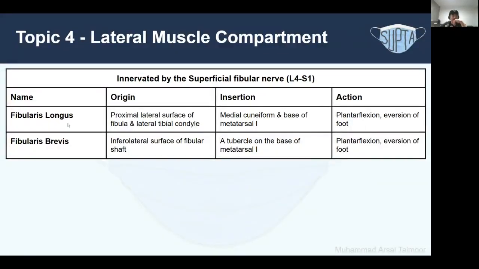So briefly, the fibularis longus and brevis. The fibularis longus originates from the lateral surface of the fibula and the lateral tibial condyle.